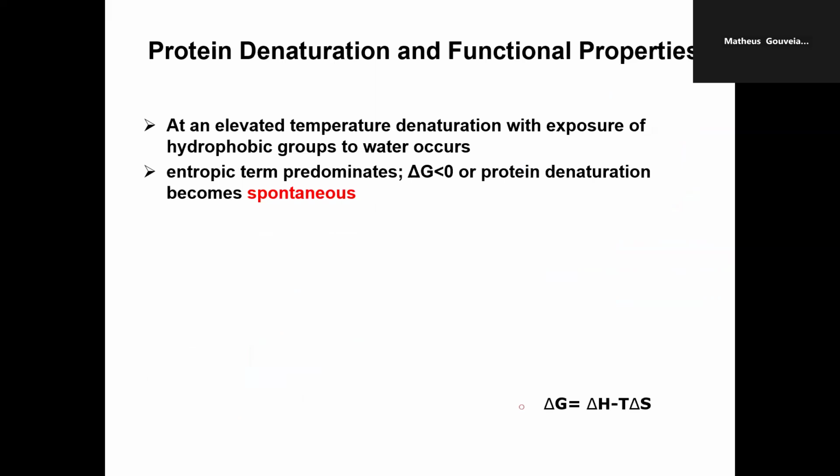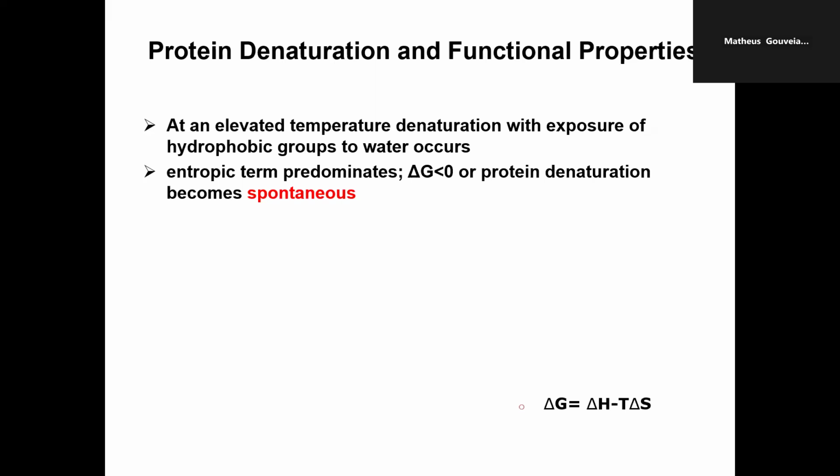So when you heat, all proteins are prone to denaturation, but each is prone to denaturation at a different temperature, and it also depends on the environment: the pH, the ionic strength, the concentration of the protein, and the amount of water.